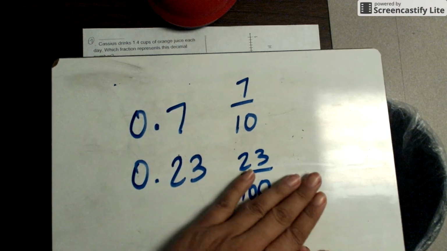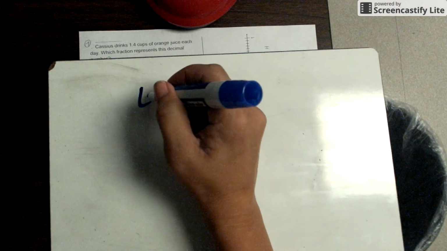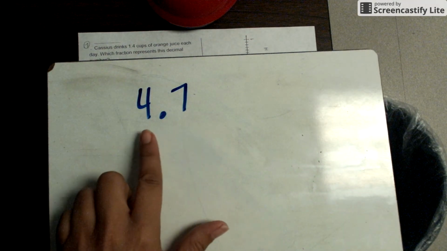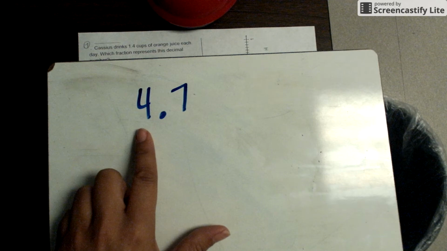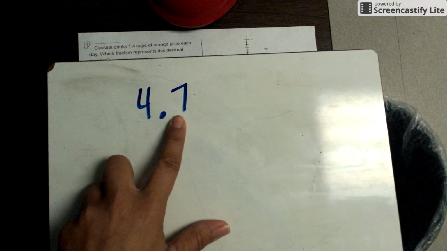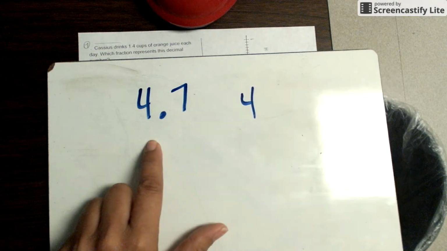Okay, so these are the fractions that relate to these decimals, but we also have mixed numbers that relate to decimals. So if I were to give you the decimal 4 and 7/10, well, that means I have 4 ones, 4 wholes, and I also have 7 in the tenths place, 7/10. So as a mixed number, it would look like this.